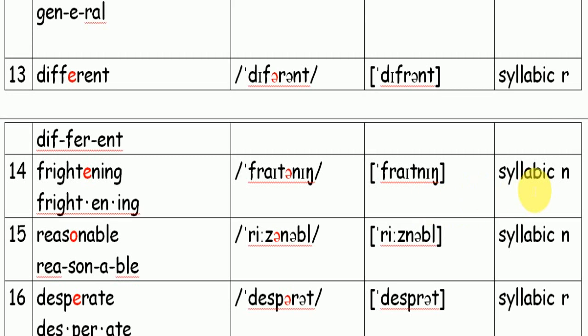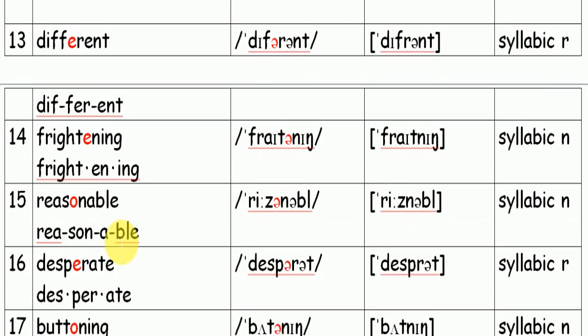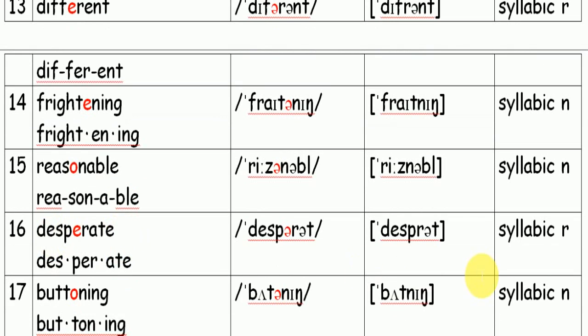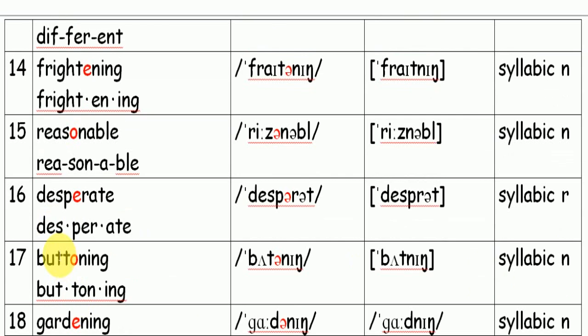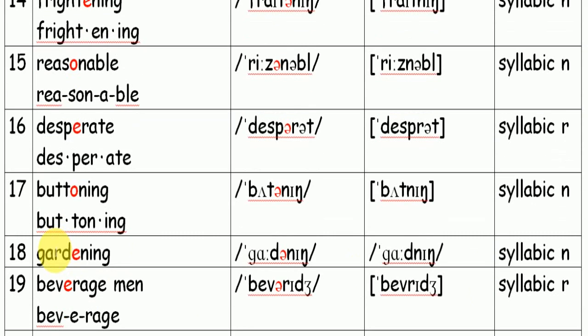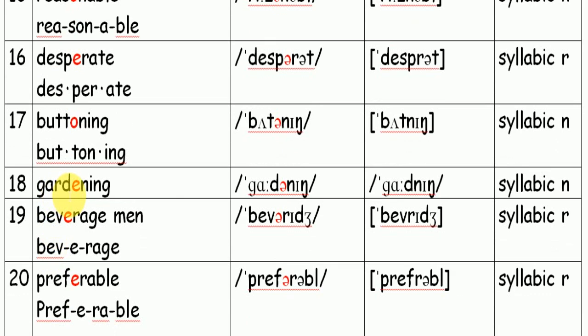Here syllabic n, and here syllabic r. Reasonable, syllabic n, desperate, syllabic r, bottoming, gardening.